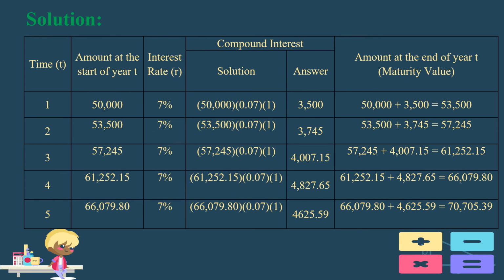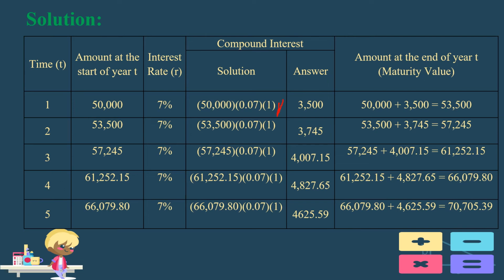So, ang original money or the principal natin is 50,000, interest rate is 7%, time is 5 years, di ba? Within 5 years. Then, the compound interest nakalagay doon ay compounded annually. So, annually nire-represent niya ay 1. So, therefore, meron tayong 1 dito.